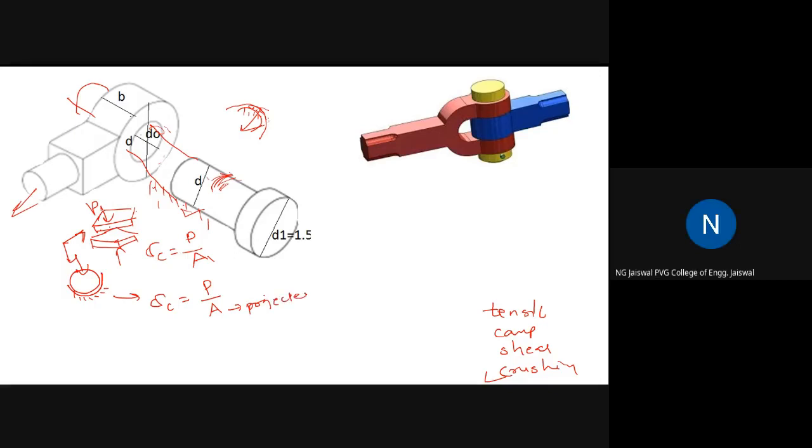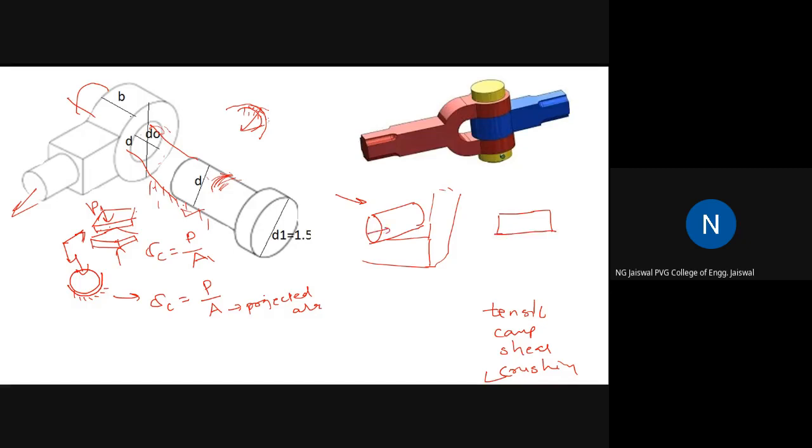Now what is meant by projected area? Suppose this is a cylinder, and your observer is here. Think of one plane here, just like orthogonal projections. What you see on this plane is one rectangle. What are the dimensions of the rectangle?